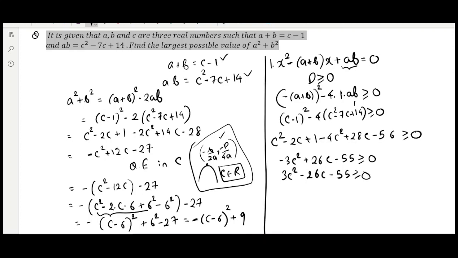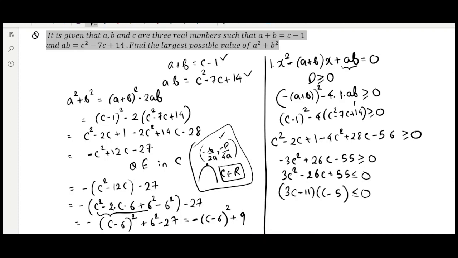If you analyze that by splitting the middle term, I leave it as homework for you. It will come 3c minus 11 into c minus 5. When we multiply this inequation by a negative sign, the sign will get changed. This is a very important step.